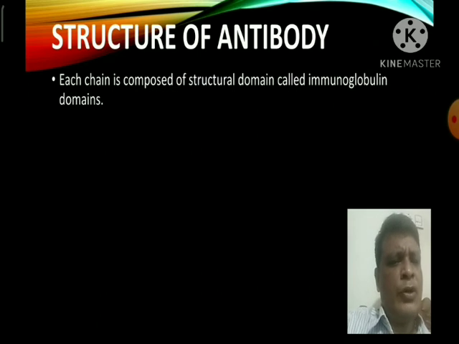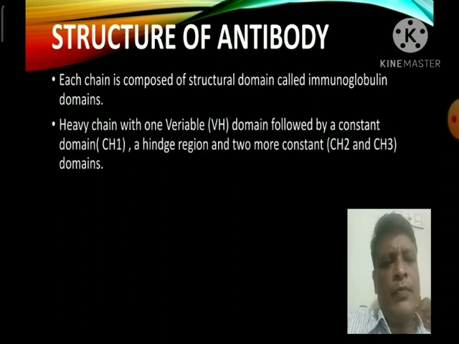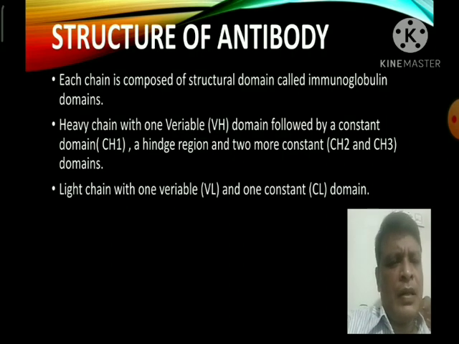Each chain is composed of structural domains called immunoglobulin domains. Heavy chains have one variable domain followed by a constant domain, a hinge region, and 2 more constant regions are also found. Light chains have one variable and one constant domain.